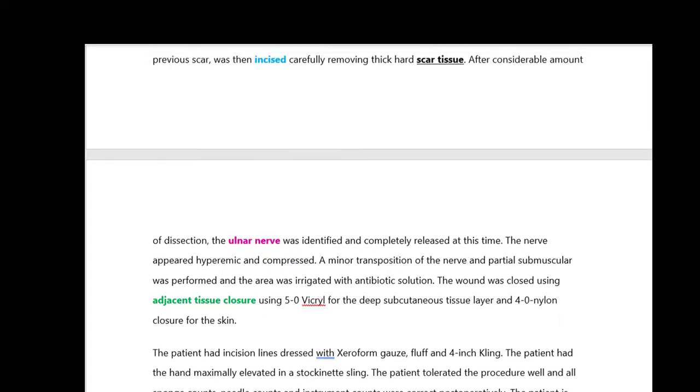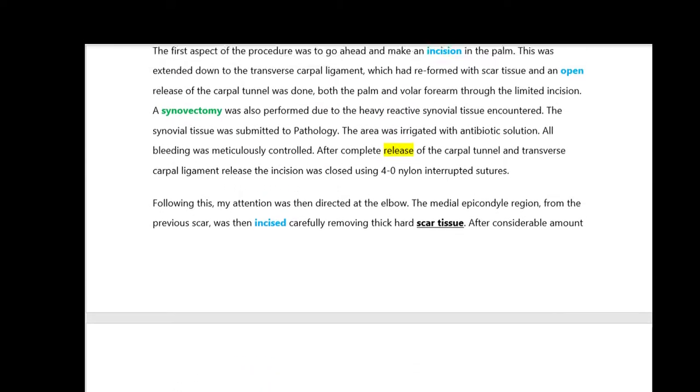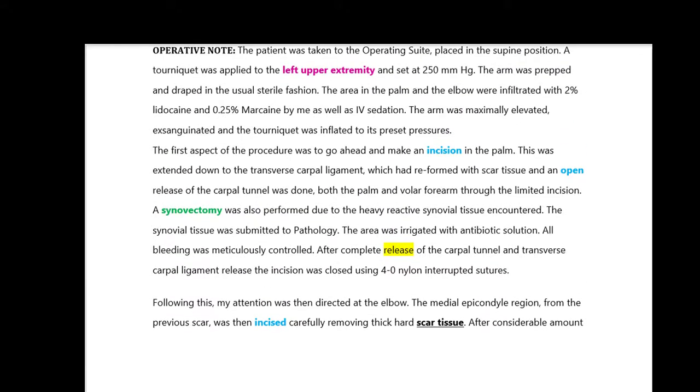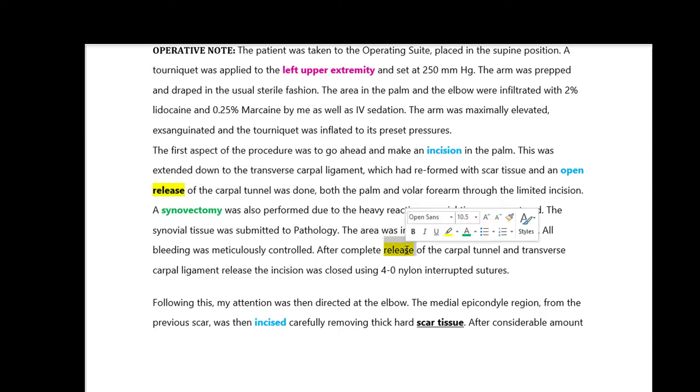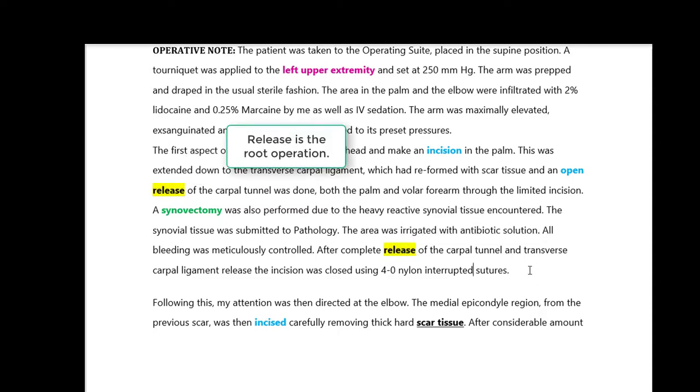So identified several things in moving through here. The one thing that isn't exactly talked about, it mentions here about the transverse carpal ligament, release of the carpal tunnel, but what I wanted to say here, release is going to be the operative report, but it's what you're releasing.